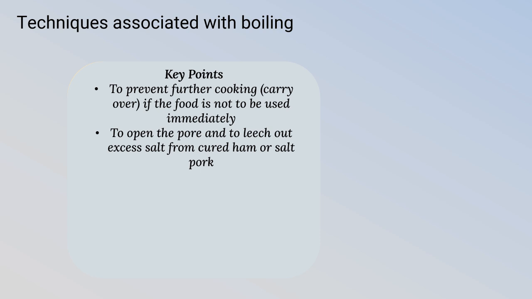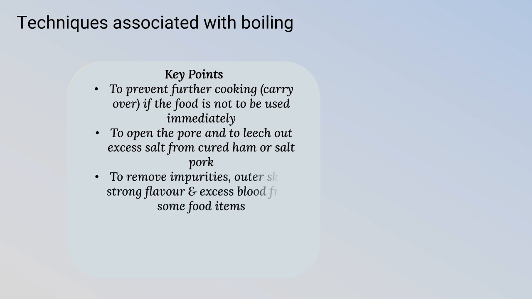Right? The same thing we can do for bitter gourd. To reduce the bitterness, we can blanch it in salt and turmeric water. So automatically some bitterness will be reduced for certain preparations. Blanching also removes impurities, outer skin, strong flavor, and excess blood from some food items.